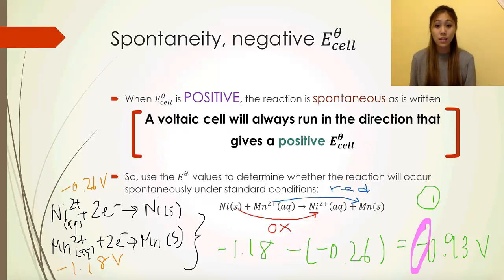The fact that this is negative tells us that this reaction in this form is going to be non-spontaneous, right? So in order to be spontaneous, what's going to happen is that this whole reaction is going to be flipped. In order for it to be a spontaneous reaction, it should be nickel 2 plus plus manganese solid becomes the nickel solid and the manganese 2 plus.